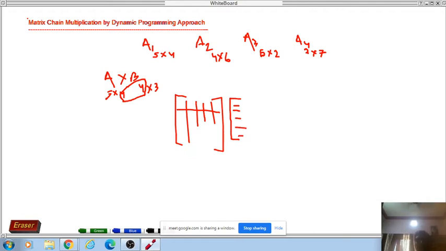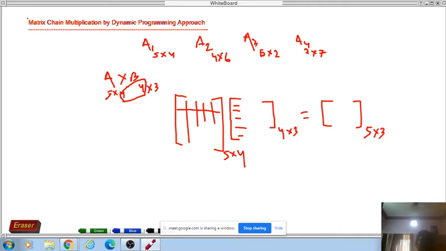So whenever we multiply, this is your 5 cross 4 and this is your 4 cross 3, then you will get a matrix of order, how much? 5 cross 3. This is the general idea.